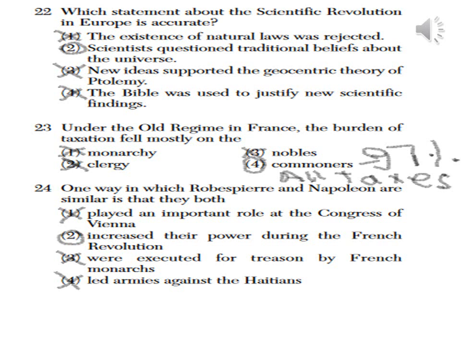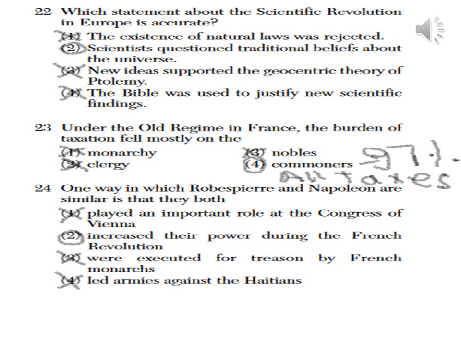So, let's take a look at question number 23. Under the old regime in France, the burden of taxation fell mostly on... To properly understand the question, you've got to know what was one of the causes of the French Revolution. Basically, there were 3 estates in France.